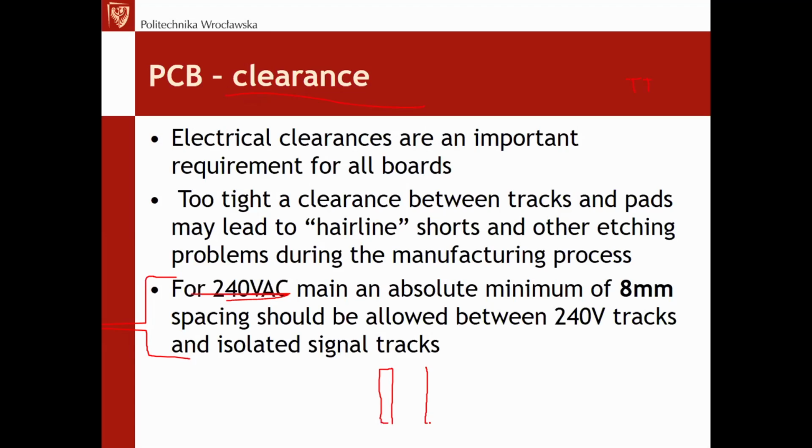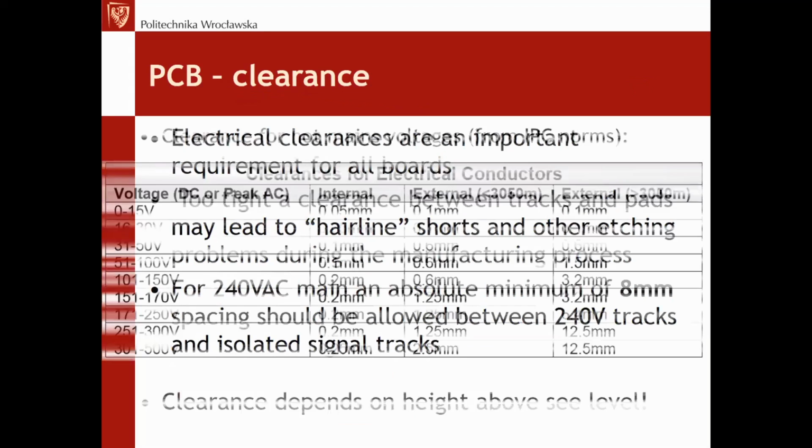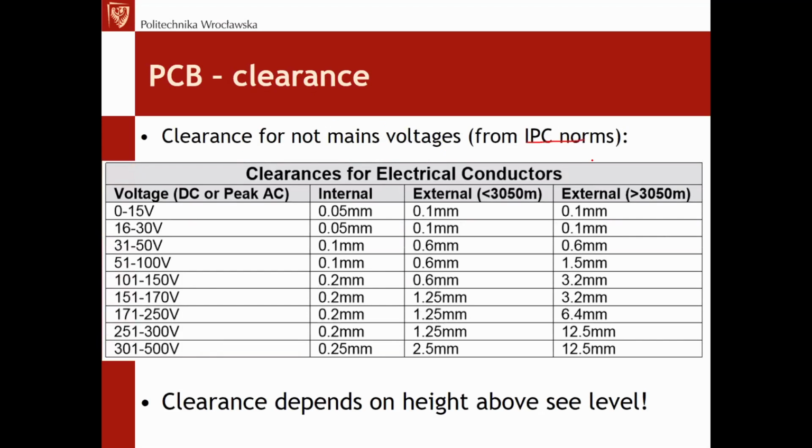So if there is one track and a second one, quite often we add some empty space. We are actually breaking the PCB, so that the current may not flow there, and there will be no short circuit between the tracks. That's the problem. There are special norms for it.